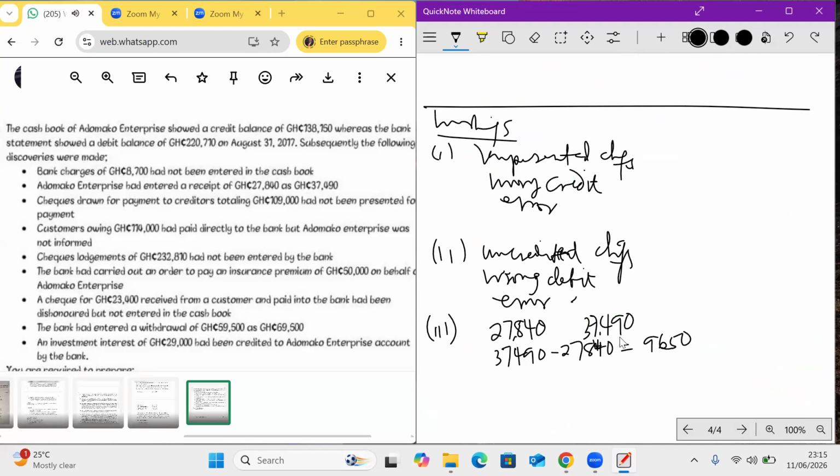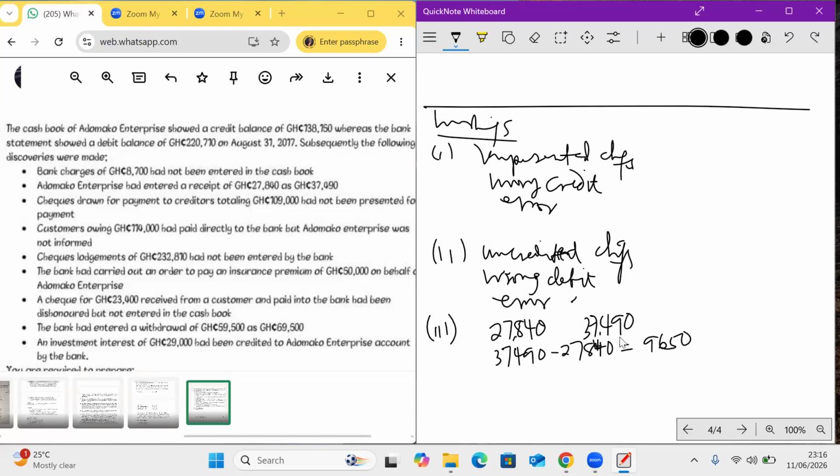Now, pay attention. How it said that they entered it. So in the original cash book, how did they record it? Where did they record it in the original cash book? Adomako Enterprise had entered a receipt of 27,840 as 37,490. So in the original cash book, where did they record it? Which side?